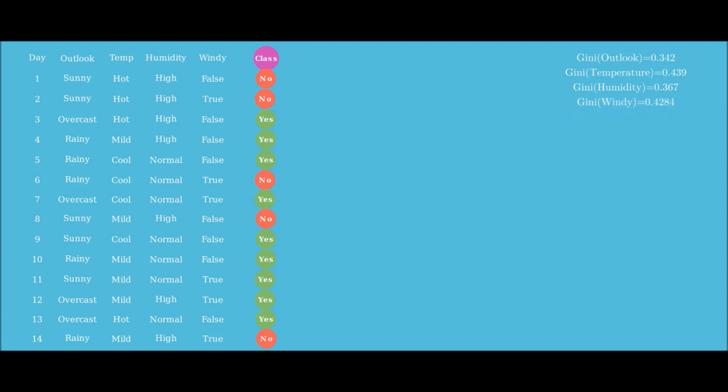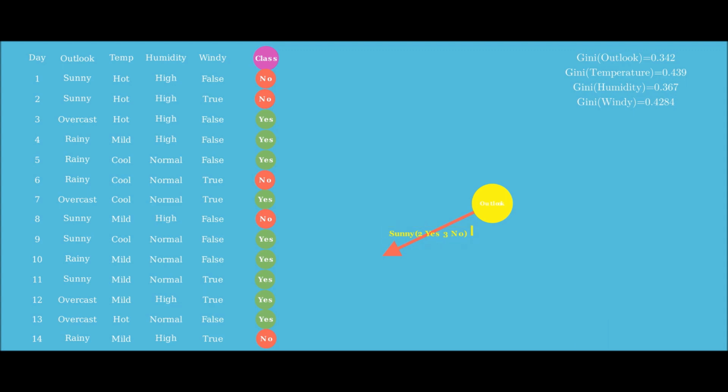Now if you see that Outlook has the lowest Gini index, and that is good for classification. So Outlook would be selected as root node, and its 3 values would be branches: sunny, overcast and rainy.